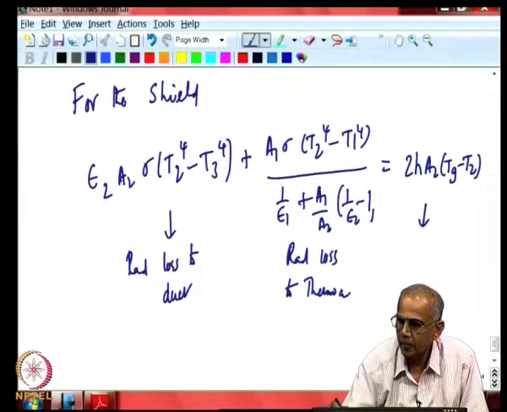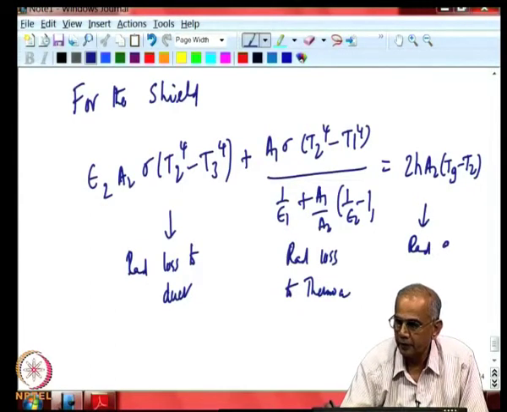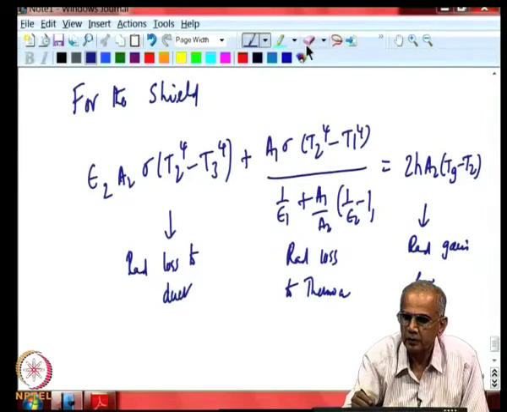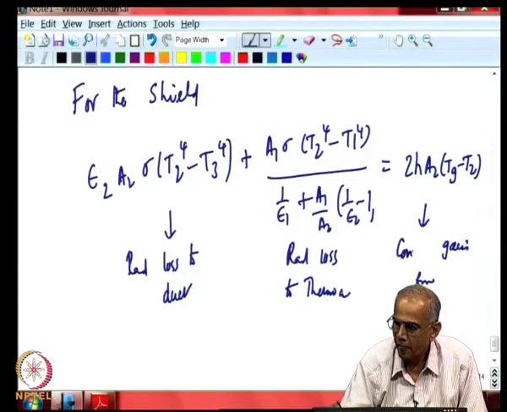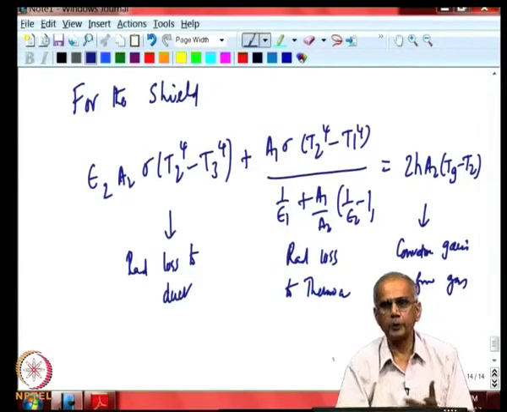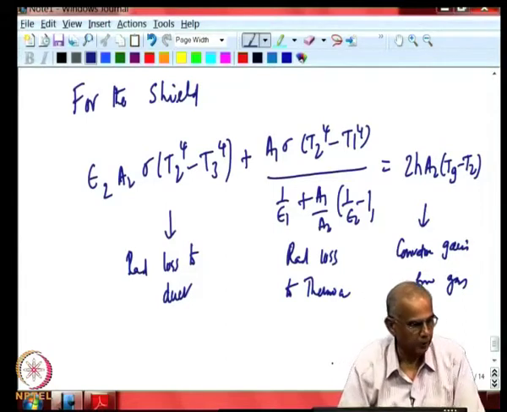This is the radiative gain from, sorry, this convective gain from gas. So, now we have two unknowns, you can solve for it, it has to be done numerically.